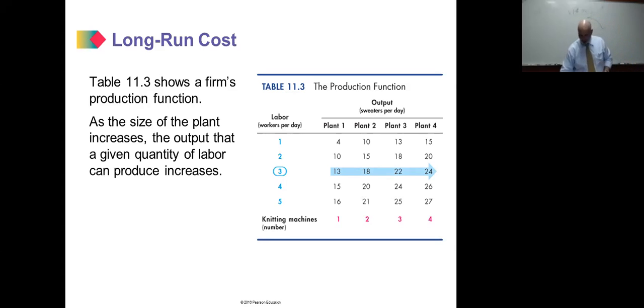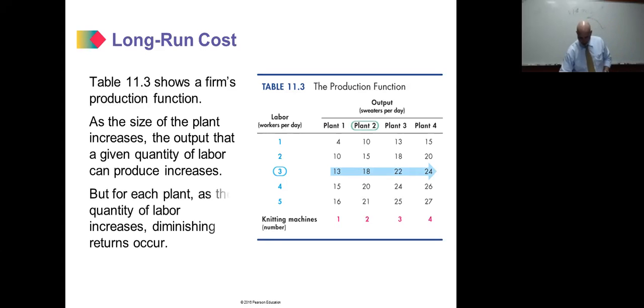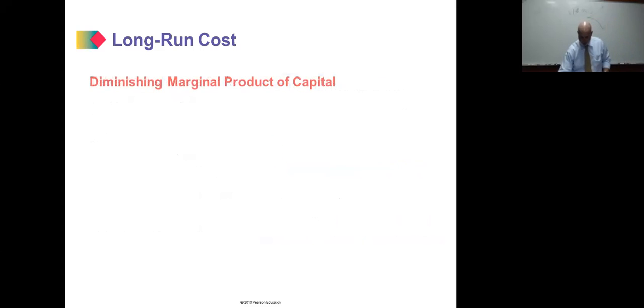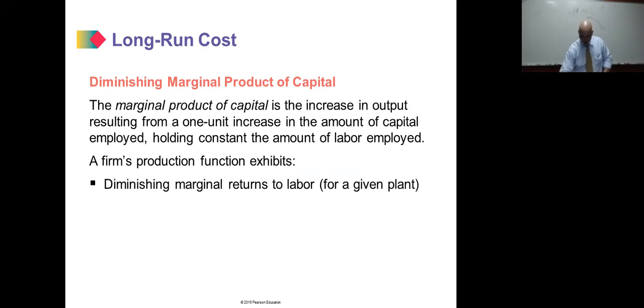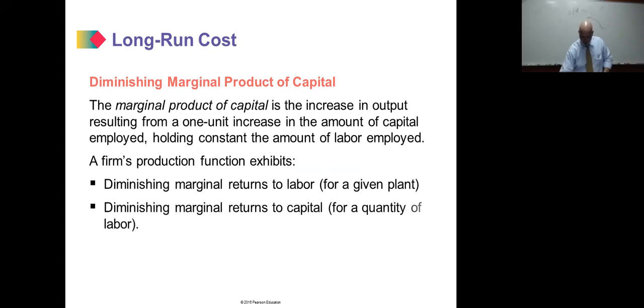Increases. All right, given. But for each plant, as the quantity of labor increases, diminishing returns will occur. The marginal product of capital. Let's look at this diminishing marginal returns to labor.